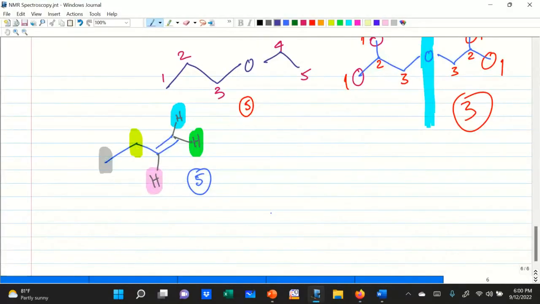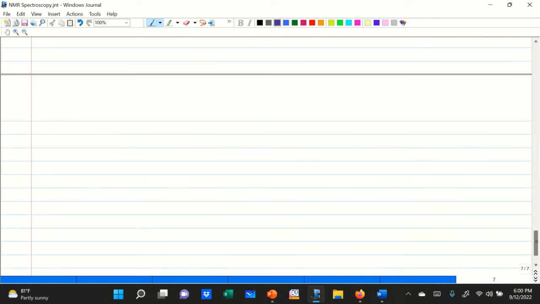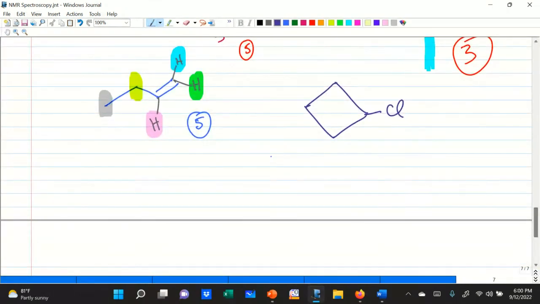Okay, that's all right. So second, another aspect you have to look into is a ring structure. In a ring structure, the number of signals is difficult to see very quickly. For a molecule like this, just looking at CH2, you cannot say that the CH2s are always the same, and thus distance from halogen is not good enough to make that calculation. How would you do that?